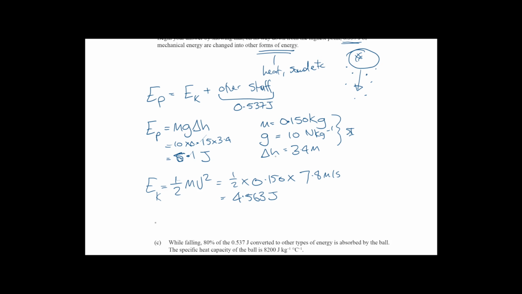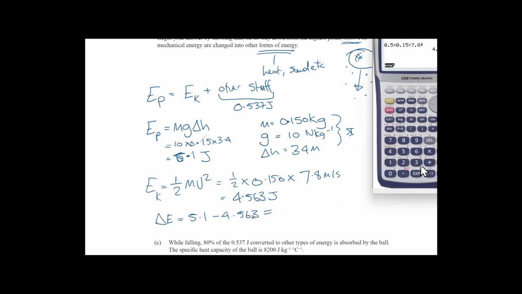So the change in energy is going to be what we started with minus what we ended with. And you can't create energy or destroy energy, you can only change its form. So let's grab our calculator again.